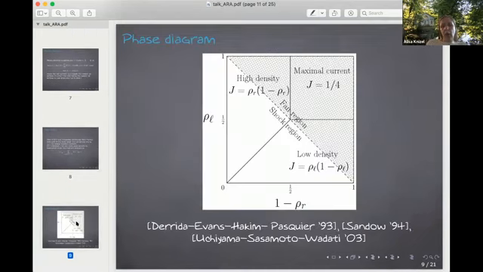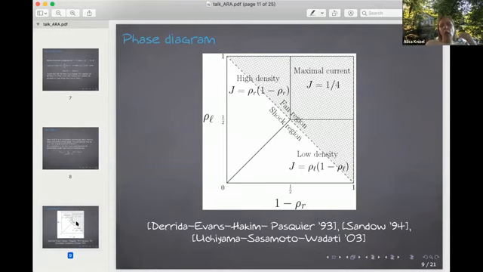It's written in terms of the so-called matrix product ansatz. This algebraic tool was initiated in the work by Derrida, Evans, Hakim, and Pasquier, a very fundamental and important work in this field. And then the following question was studied.